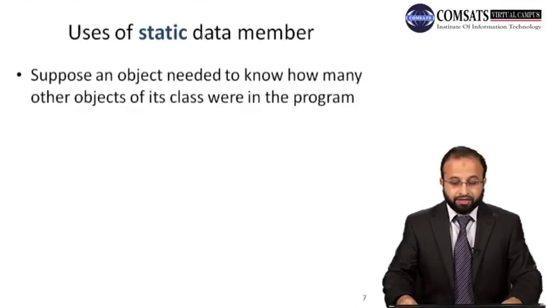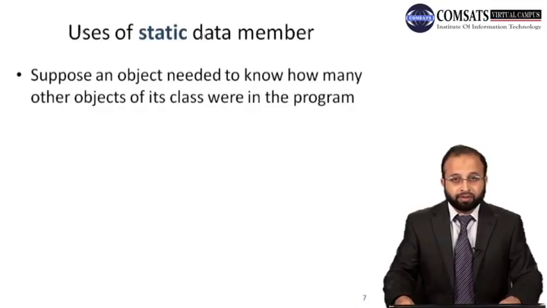Suppose an object needed to know how many other objects of its class were in the program. For example, we have, let's say, a distance class, and we created an object D1 of that class, and another object D2 and another object D3. Now we want all these three objects to know how many objects of that class have been created.